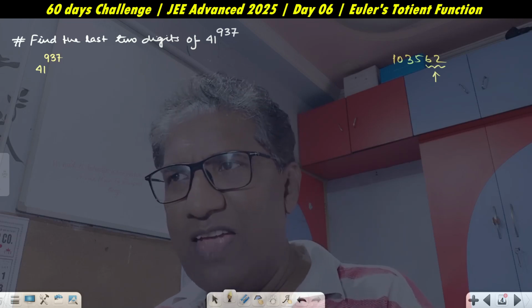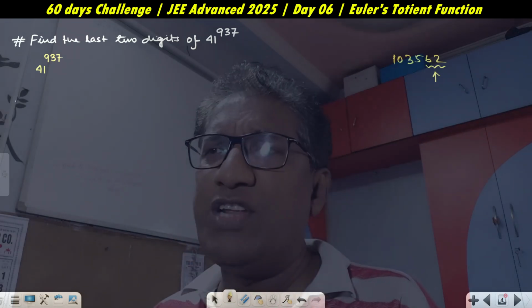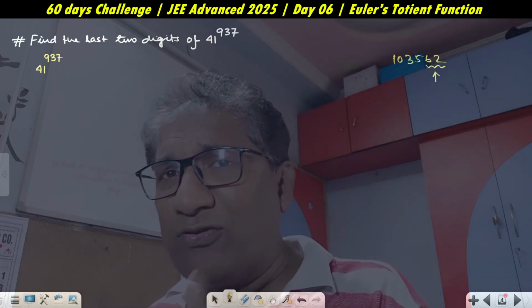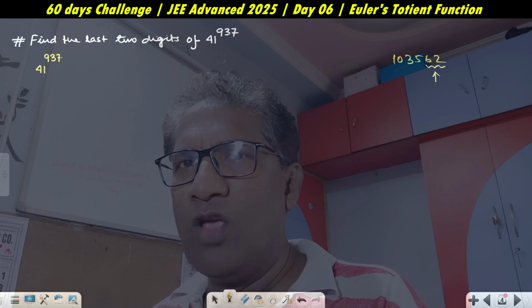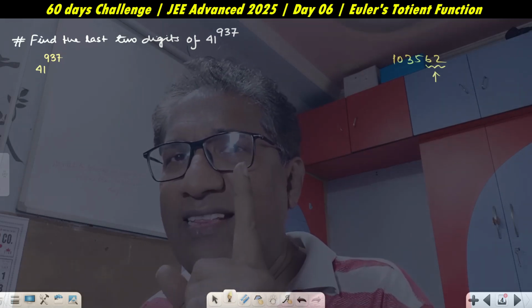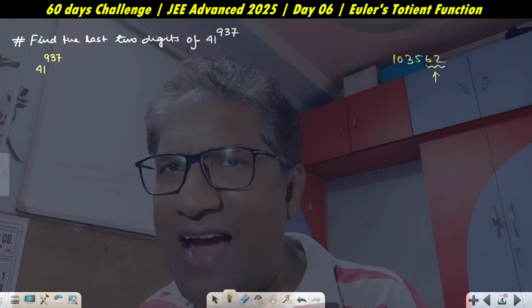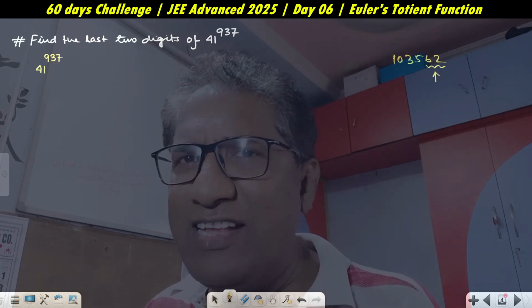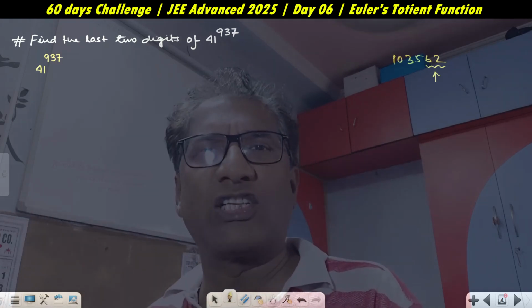Is it clear? Now we have to find out the last 2 digits of 41 to the power 937. That is, we have to find out the remainder when this number is divided by 100. Is it clear? And that eventually will give us the last 2 digits of this number.